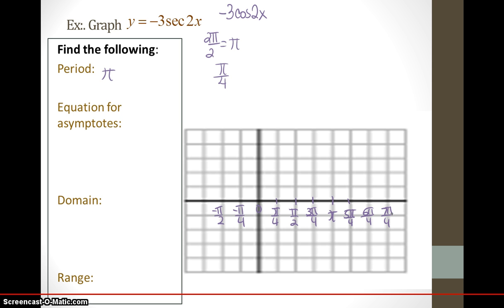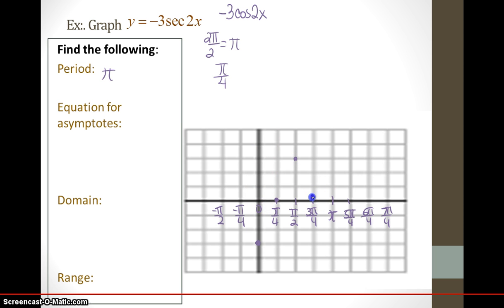Okay. So let's go ahead and graph our cosine function. We know that at 0, the cosine is going to be 1, so then this one is going to be -3 down here. At pi over 4, we know it's going to be 0. Pi over 2 is going to be 3. 1, 2, 3.